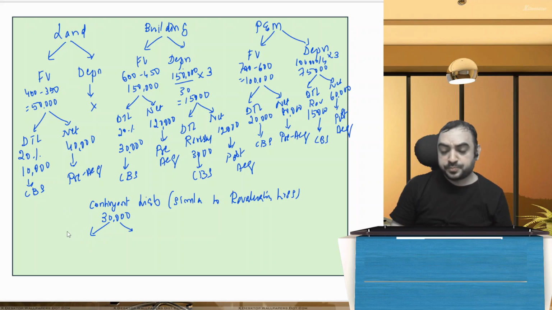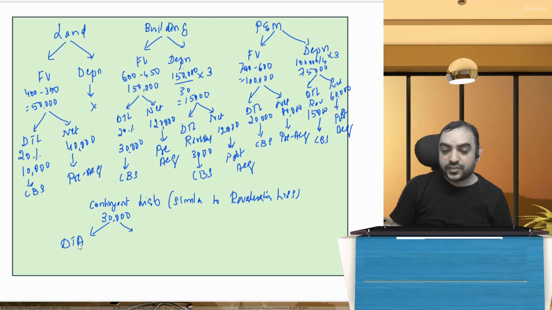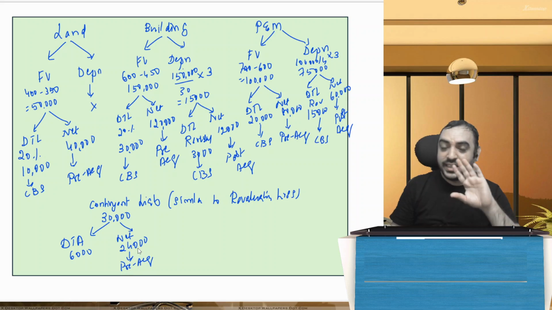You are going to treat it like a revaluation loss. So it is pre-acquisition profits. Also, you have to consider the deferred tax impact. DTA, because it's a loss, means you get a deferred tax asset at 20%. 20% of 30,000 is 6,000. Net 24,000 will come in the pre-acquisition element as a minus number.